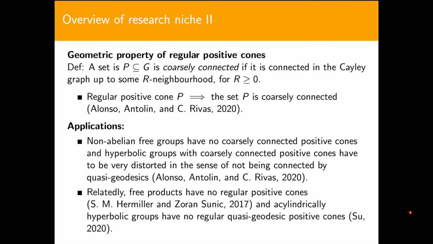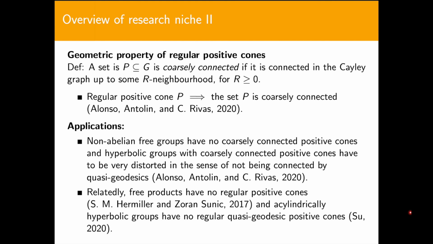But being coarsely connected is purely geometrical, so it's maybe not so obvious how you get from one to the other. But actually the proof of that is fairly straightforward, and your R will be given by the number of states in the finite state automaton accepting the language representing the positive cone.